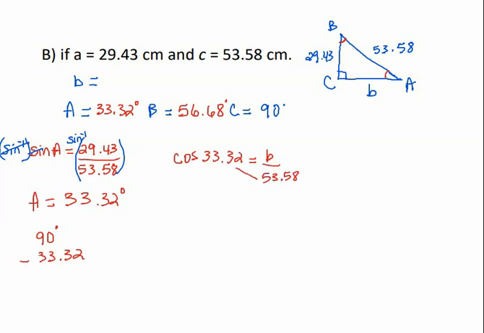Okay, so then I'm going to cross multiply that again, and so in my calculator I would put in 53.58 cosine of 33.32 equals B. All right, so let me put that in my calculator. And we get that B is 44.77 centimeters.